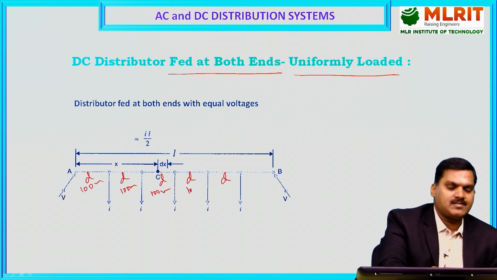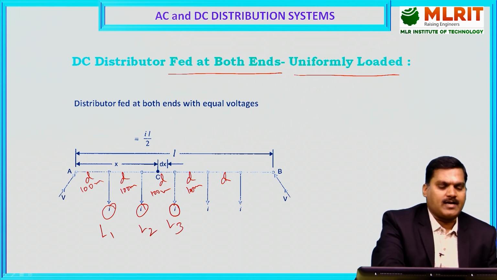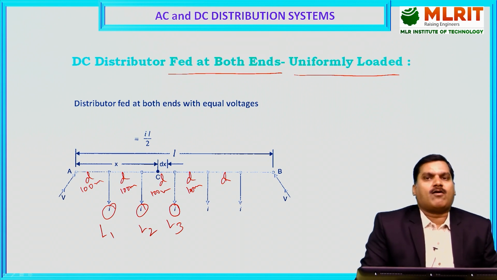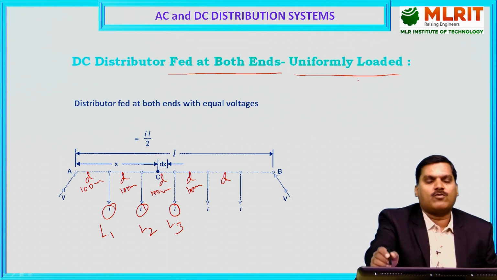At equal distances, equal loading. The load L1 is drawing current I, load L2 is drawing current I, load L3 is also drawing current I, the same currents are drawn at different levels. So, that is the meaning of a uniformly loaded system.